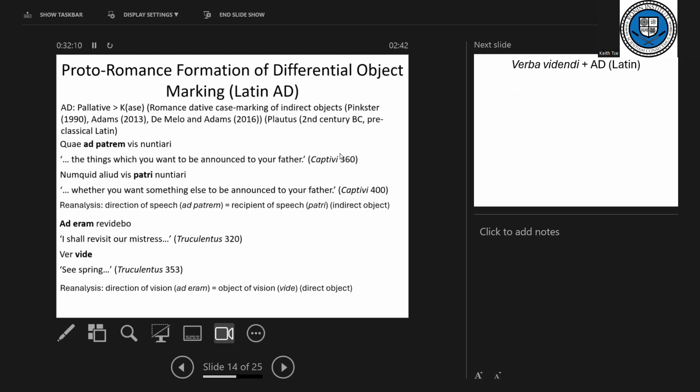When you look towards something, that thing is automatically the object of your gaze. So just as ad can be analyzed as a dative case marker in Plautus, this example shows ad seemingly becoming a direct object, accusative case marker. So we can see the beginnings in Plautus here.